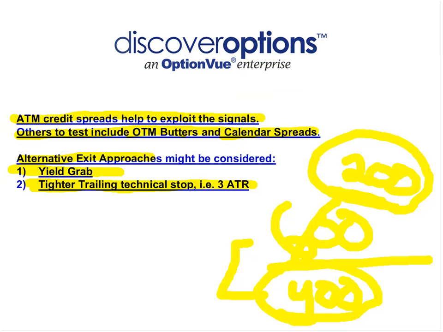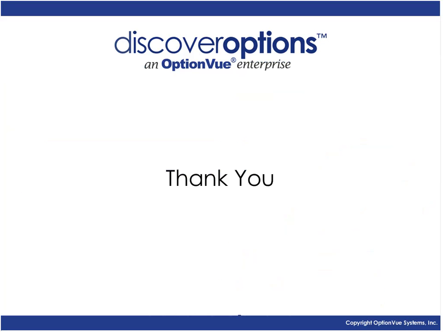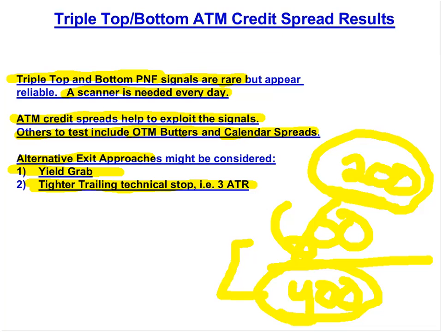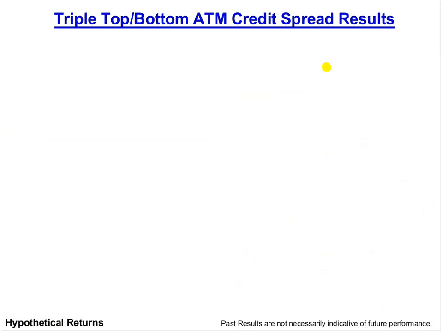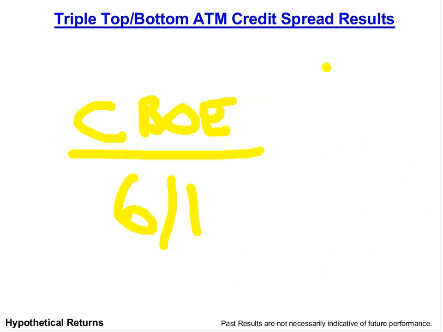All right, and that is it. Any questions? Again, I'm going to be speaking at the CBOE, all right? I should have just had this in a more formal deal. CBOE, that's going to be Wednesday, a week from this Wednesday. Okay, that'll be on the 19th. That'll be on 6/19 at the CBOE.